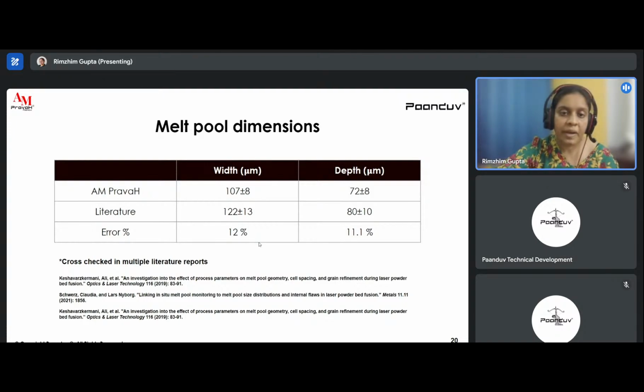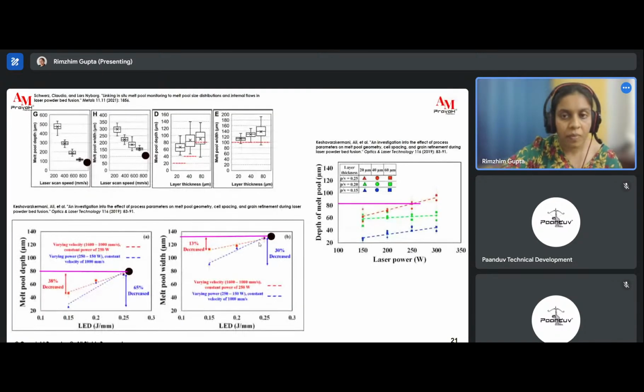We have also compared these results with the experimental values, which is in quite good agreement. These are some of the literature that I have listed.